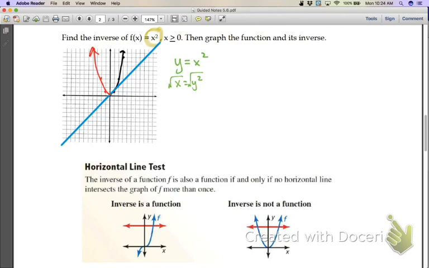I take the square root, and I'm going to have the square root of x equals y. I'm only going to have the positive version because I can't have the positive and the negative version here, because then it wouldn't be a function. If I map everything here in green, it's just my square root function that we did back in 5.3.